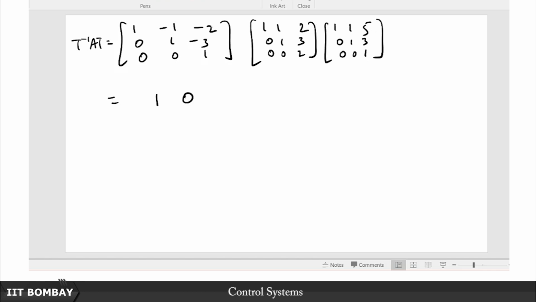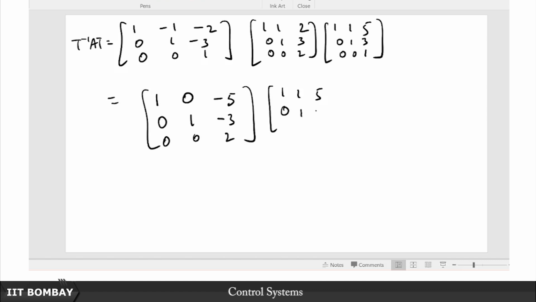So this is 1, so this is 2 minus 3 is minus 1, minus 4 that is minus 5 I believe, and then of course 0, and then 0 1, this is 1, and finally 3 minus 6, so this is minus 3 I suppose, and then this is going to be just 0 0 2, multiplied with 1 1 5, 0 1 3, 0 0 1.